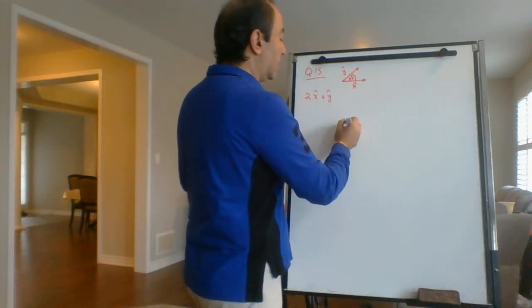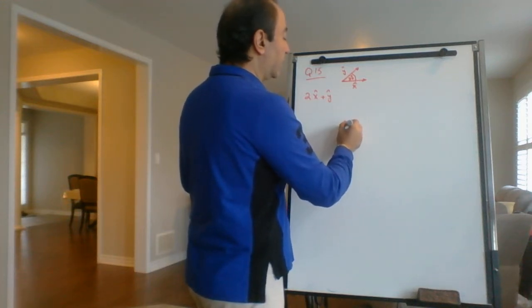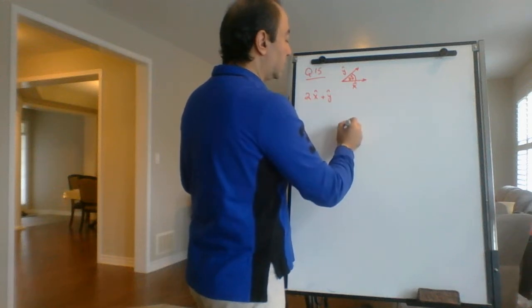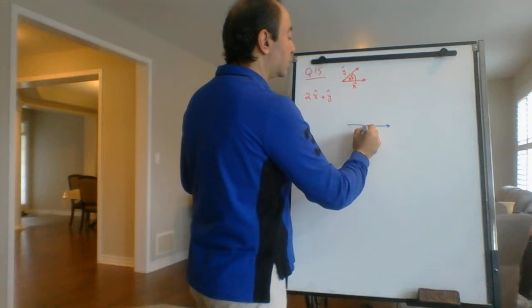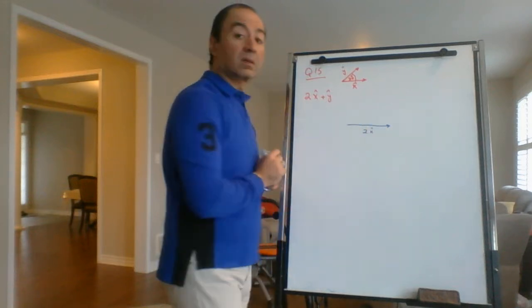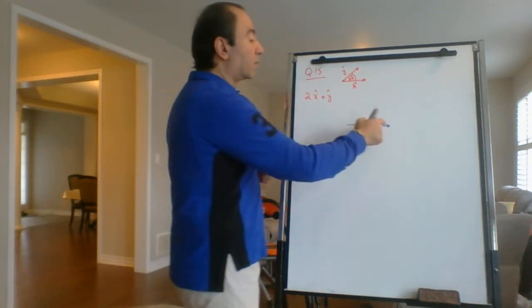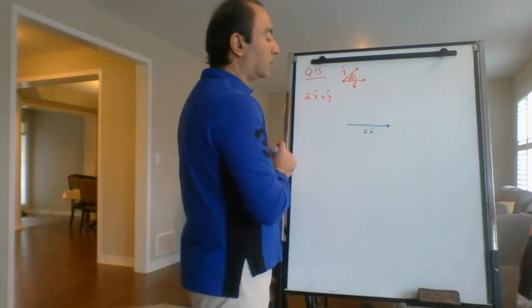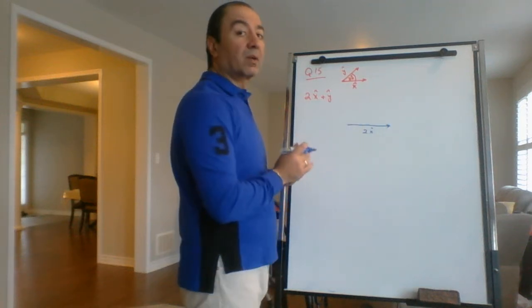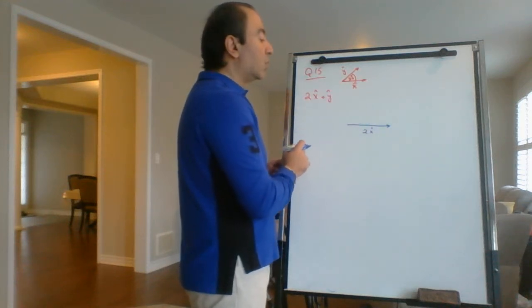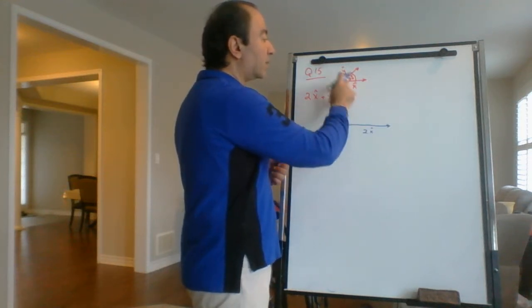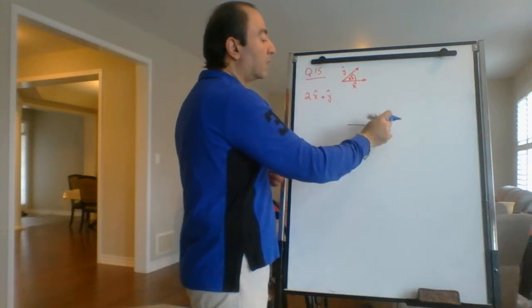So it will be a vector with a length of 2 units, so this is 2 unit vector x. Then from the head of the first vector, you remember when we add vectors we need to put them head to tail, so I need to draw a vector that represents unit vector y from the head of x.